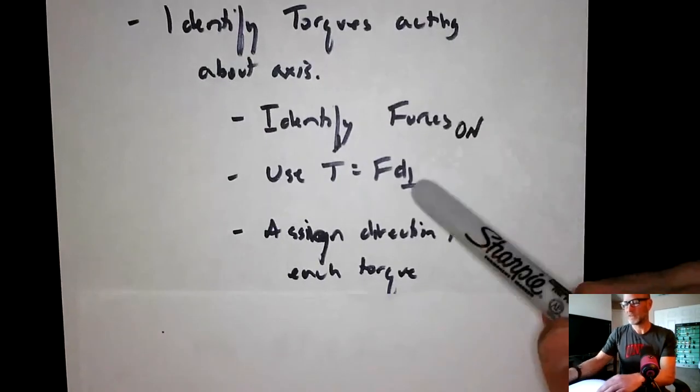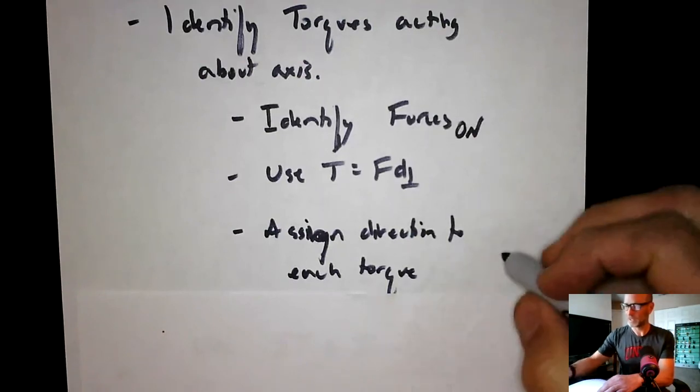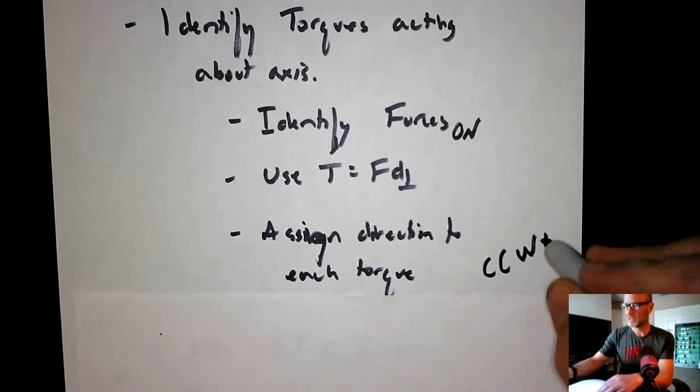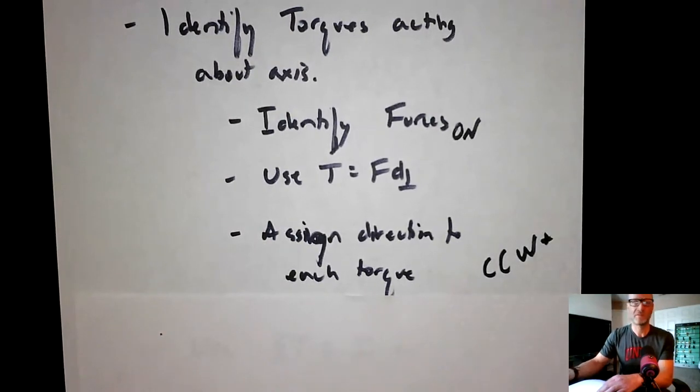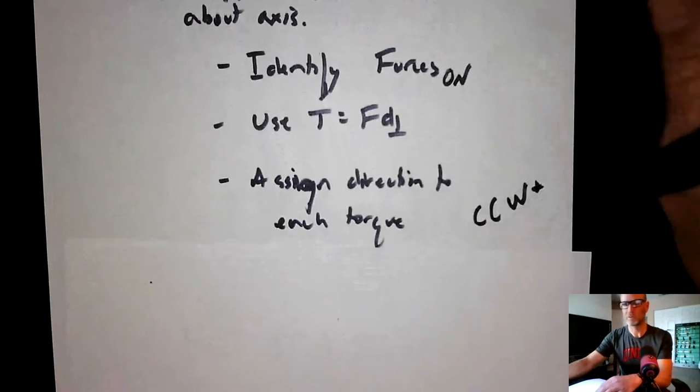Once we identify the torques, we're going to make sure that we assign a direction to each torque, and we'll use counterclockwise is positive as our reference frame for just about every problem that we do. There's times that we'll switch it, but we don't need to, and we can work with the one reference frame.